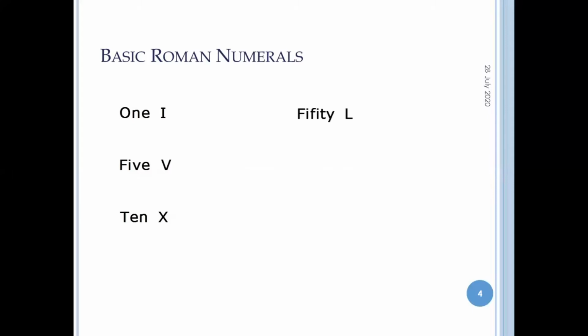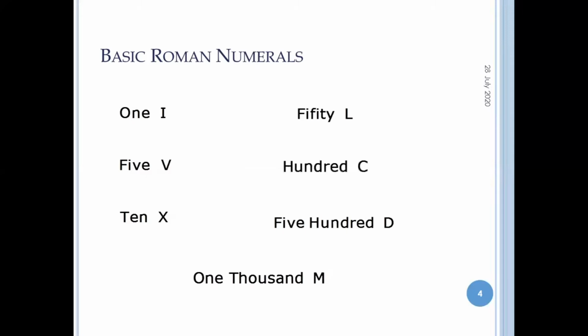Then we have L for 50, C for 100, D for 500, and M for 1,000. It is from these basic symbols that the other Roman numerals are written using a particular system.